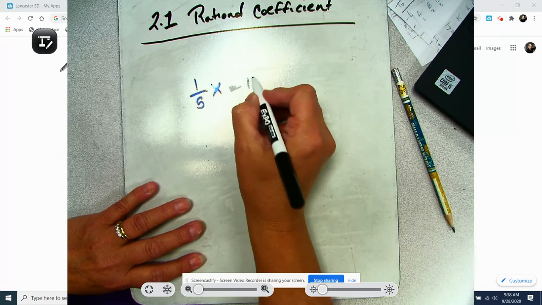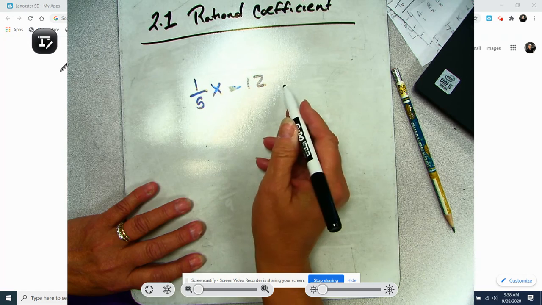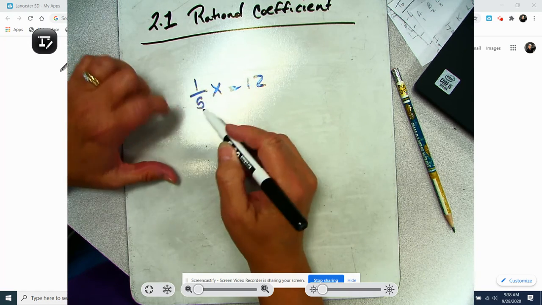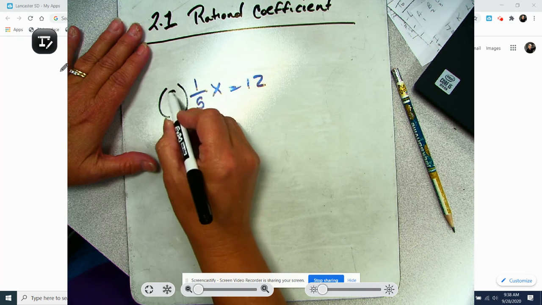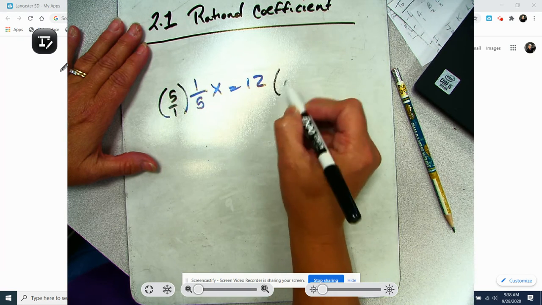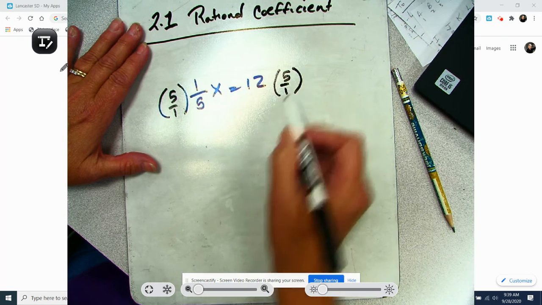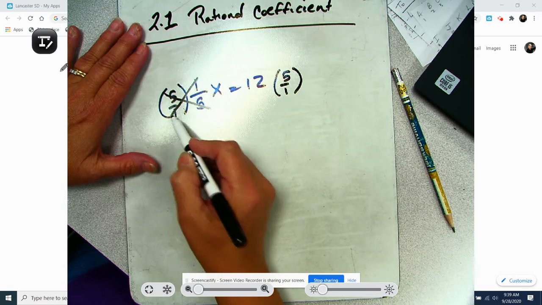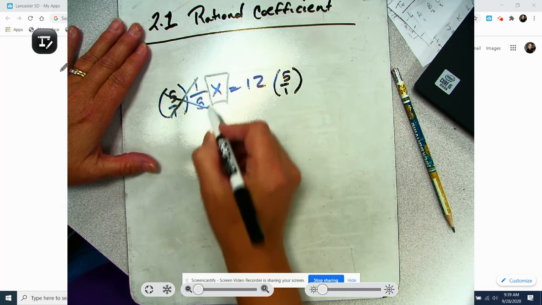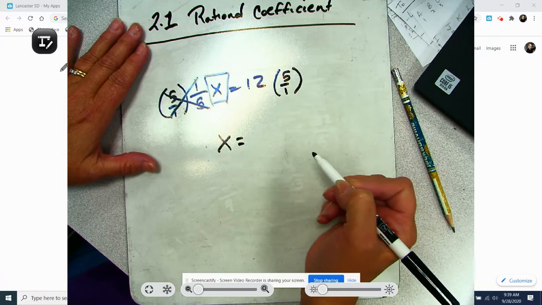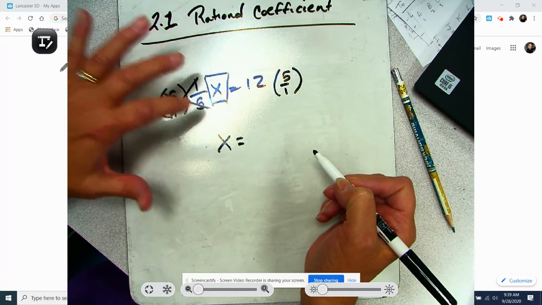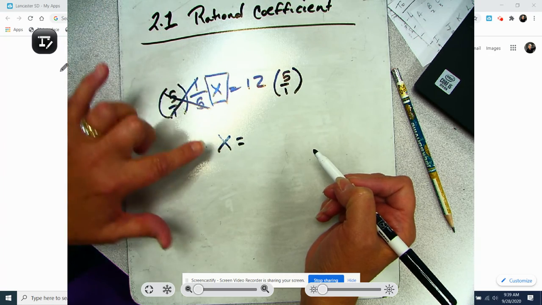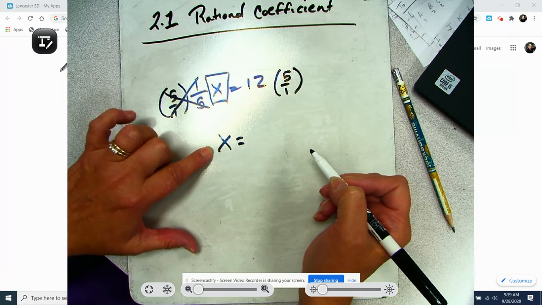So if I told you 1/5 x equals 12, to get rid of this 1/5, I have to multiply it by its multiplicative inverse. So I would multiply by 5 over 1. The 5's are going to cancel, the 1's are going to cancel, and that leaves me simply with the x, which is what I want. Because 5 times 1 is 5, 1 times 5 is 5, 5 over 5 equals 1. I have 1 times x, I have x.